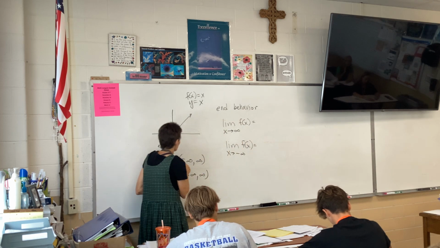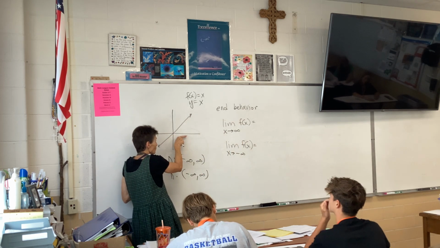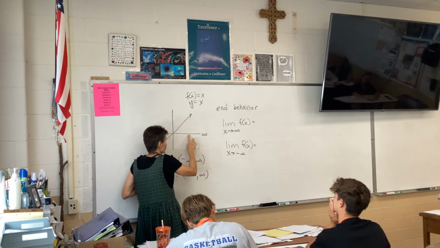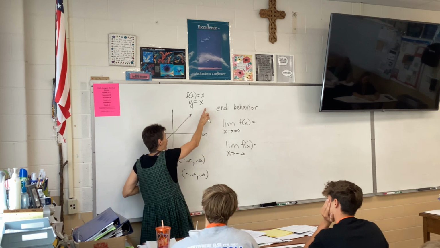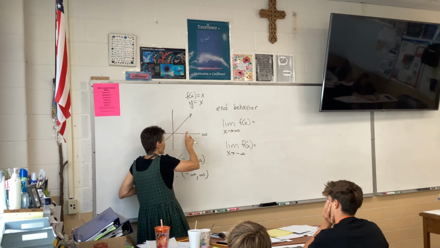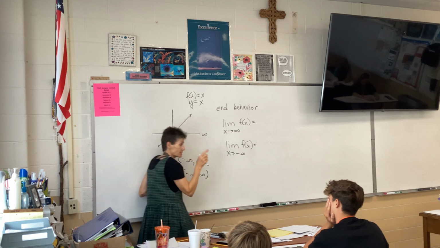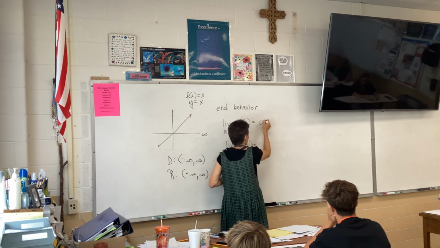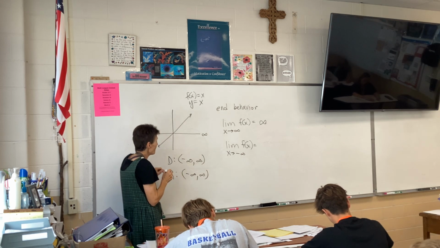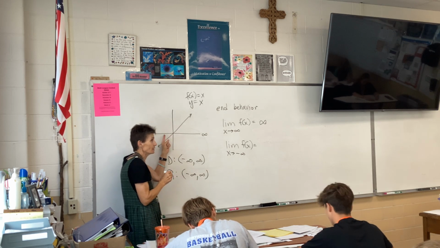This says, what happens to my y's as x goes to the right? Well, let's look at the picture. As x goes to the right, here's positive infinity. As x goes to the right, what are my y's doing? Where are they going? Positive infinity. They're shooting up into space. What about as x goes left?